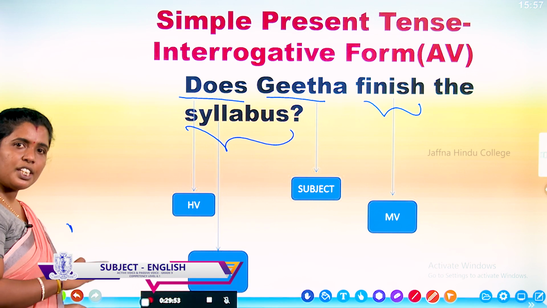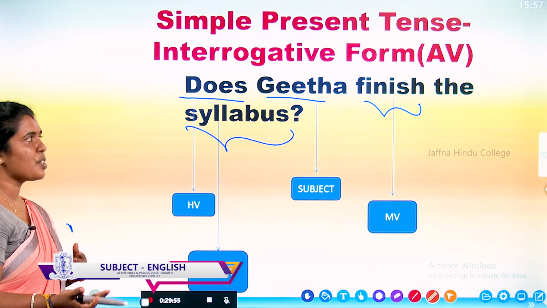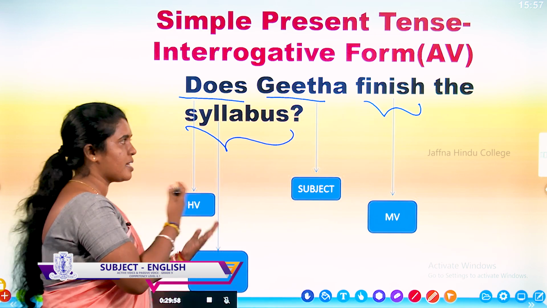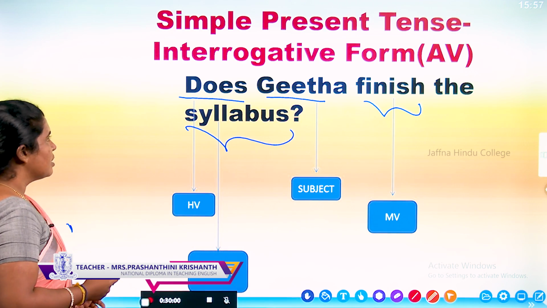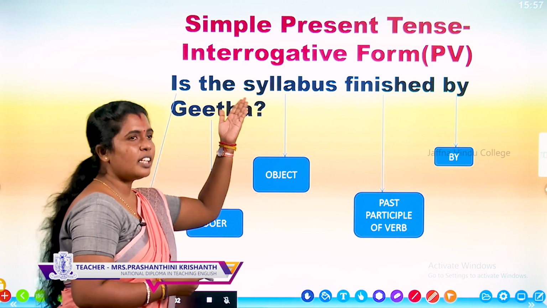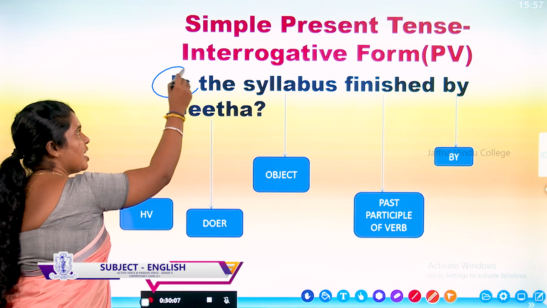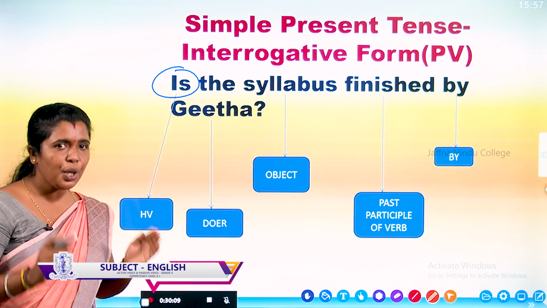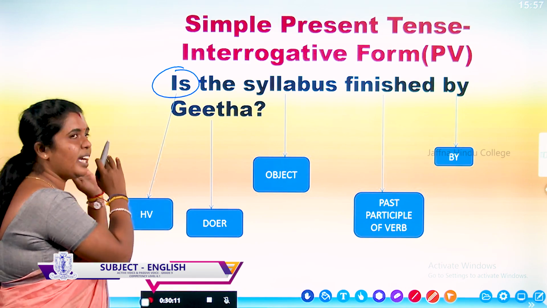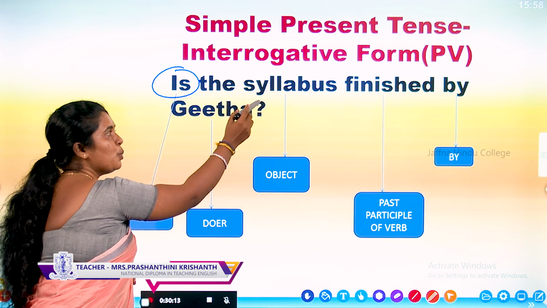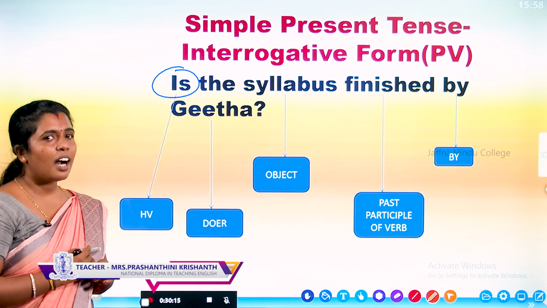Now we are going to change this one into passive voice. So we have to take the object first. The syllabus is the object, but for questions we have to put the helping verb first. So the syllabus is singular, so we have to use is. If it is plural, this is are.